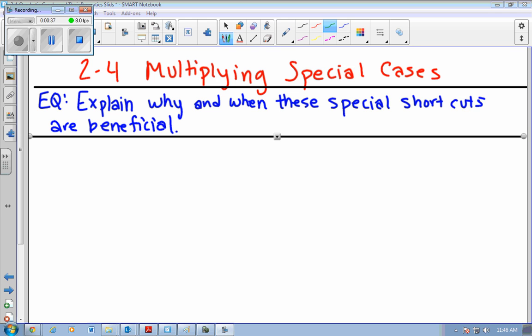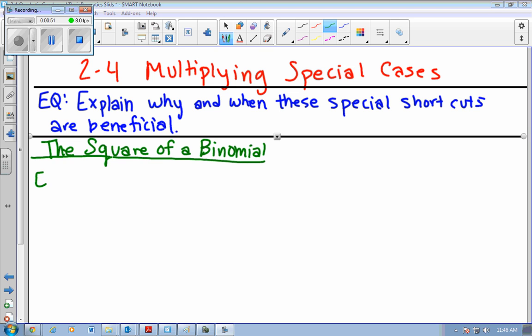The first one is for the square of a binomial. Square of a binomial is just a binomial that's squared.